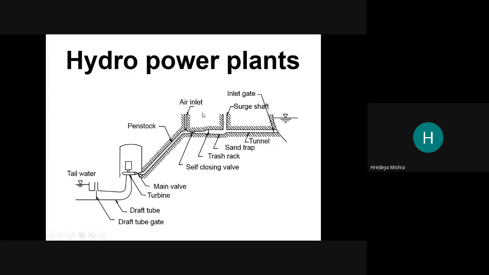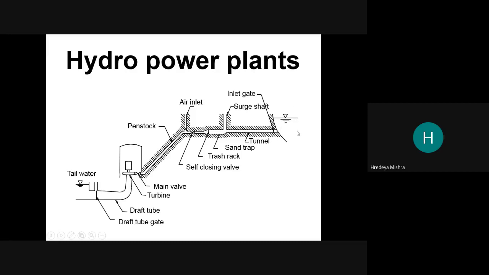So what are the main things there? See, this is the inlet gate. By the inlet gate, we can insert the water into the penstock, or we can say the tunnel. Okay, and here is the open reservoir.